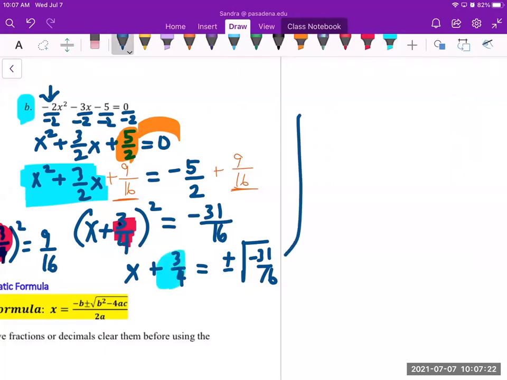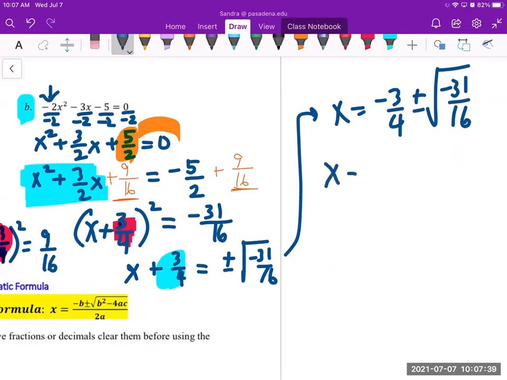So x is equal to negative 3/4 plus or minus the square root of negative 31/16. I don't know what the square root of 31 is, so I'm going to write it down like this: negative 3/4 plus or minus the square root of negative 31 over the square root of 16, which is 4.